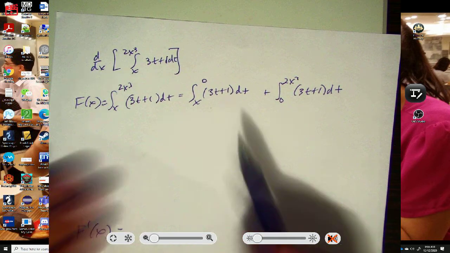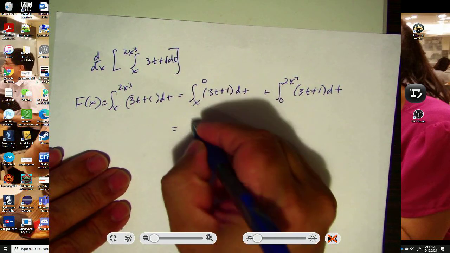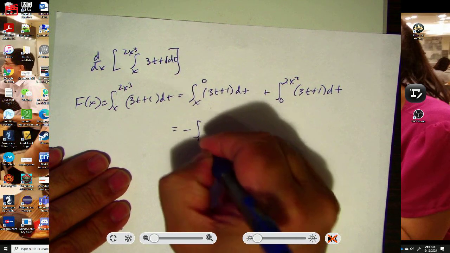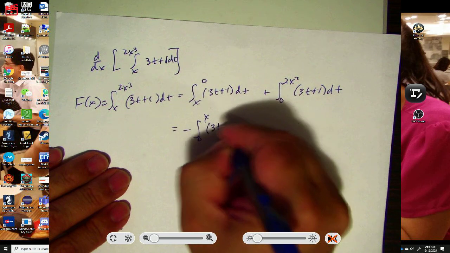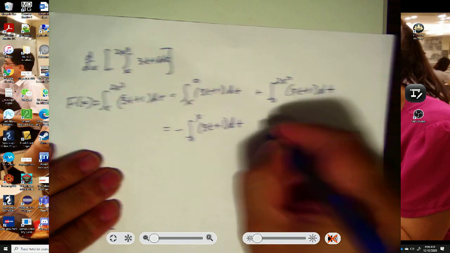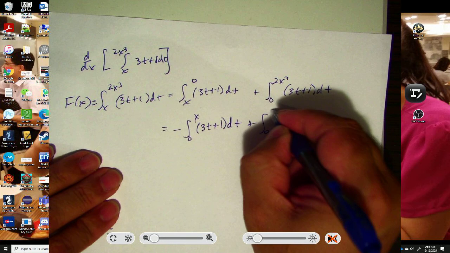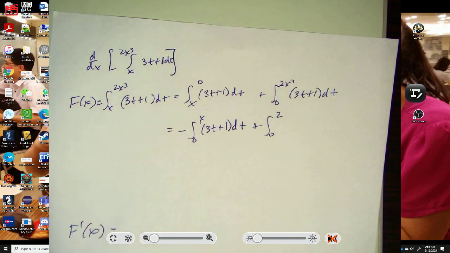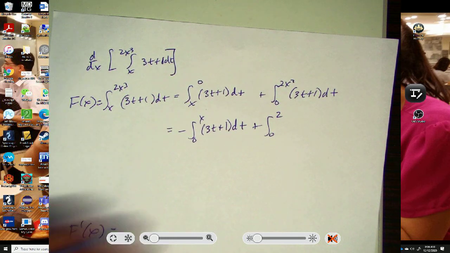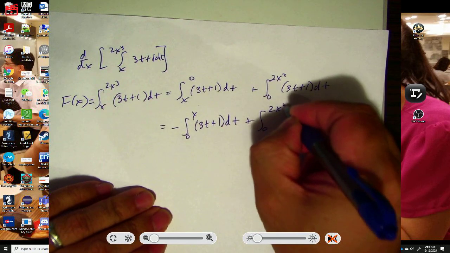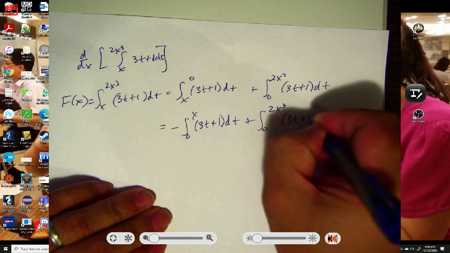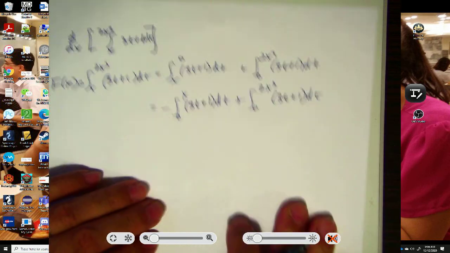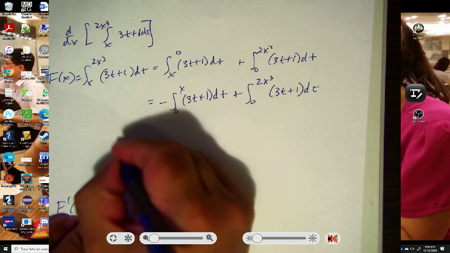So what I'm going to do is flip it around. So that's going to be the opposite of the integral from 0 to x of 3t plus 1 dt. The other part is okay, the integral from 0 to 2x cubed.